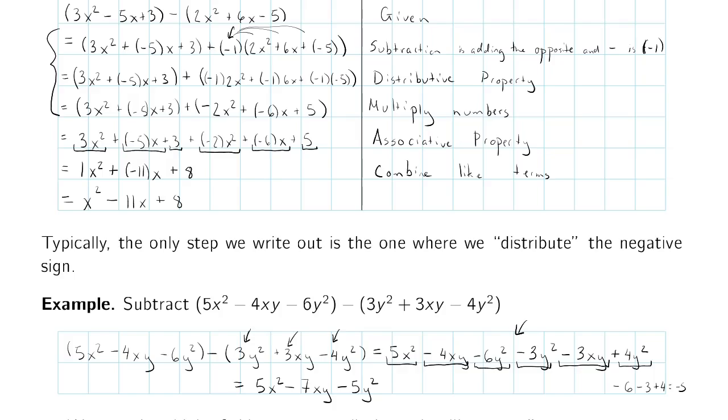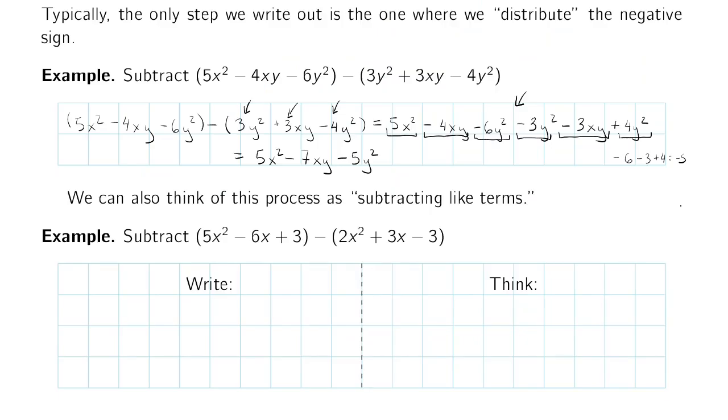And there is an even shorter way of thinking about this, if you're comfortable doing subtraction involving negative numbers. So if we have this subtraction of polynomials, 5x squared minus 6x plus 3 minus 2x squared plus 3x minus 3, we can think, I'm going to combine like terms using subtraction.